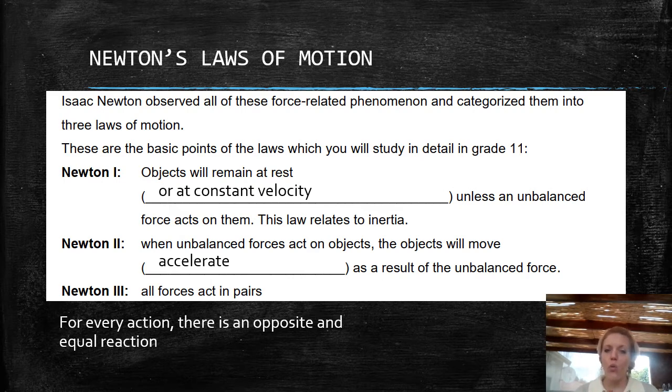Newton 2, when unbalanced forces act on objects, the objects will move or accelerate, that means either slow down or speed up, as a result of the unbalanced force. And then Newton 3 is all forces act in pairs. Please fill this in, and then we're going to carry on with our formula and a few examples.